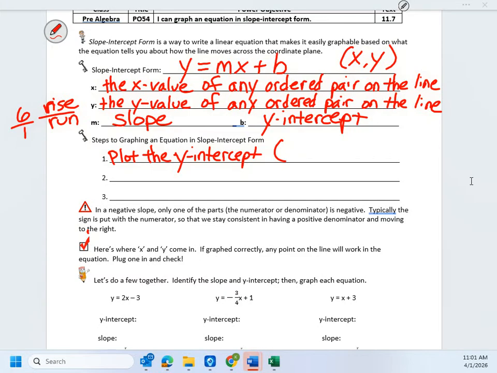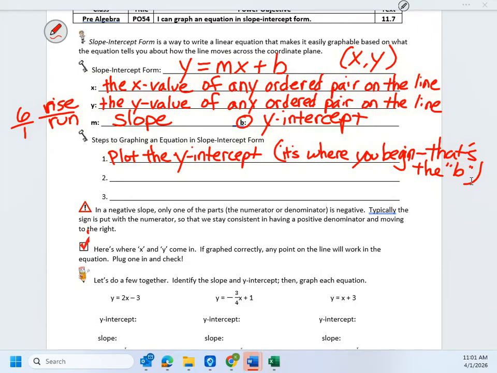It's where you begin. It's the first step. That's the B. Because remember, that y-intercept is the B. That's where you begin. The first thing you do is that y-intercept.